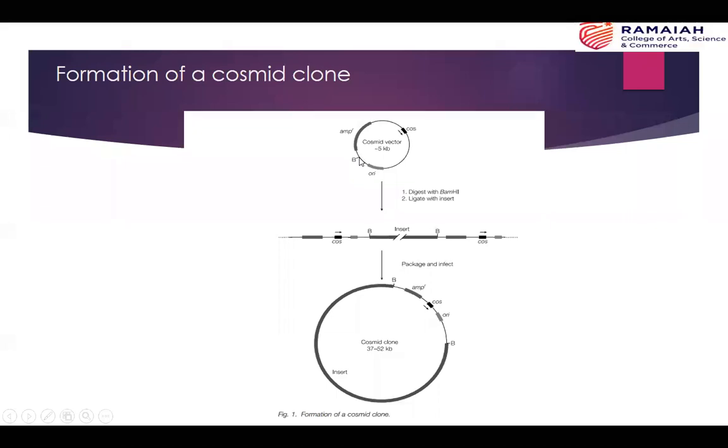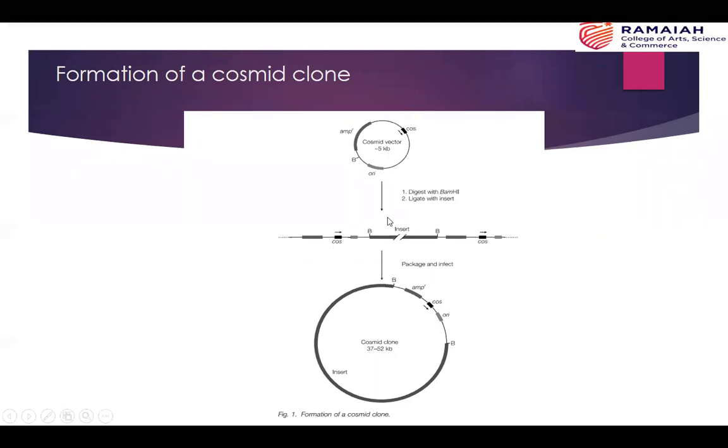The site present here is BamHI, and a cos site is present. So when you digest with BamHI and allow the ligation reaction to take place with the appropriate insert, what will happen? That gets inserted, and cos sites are present at the ends.